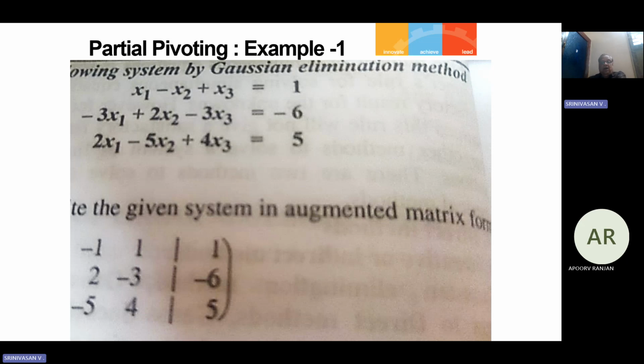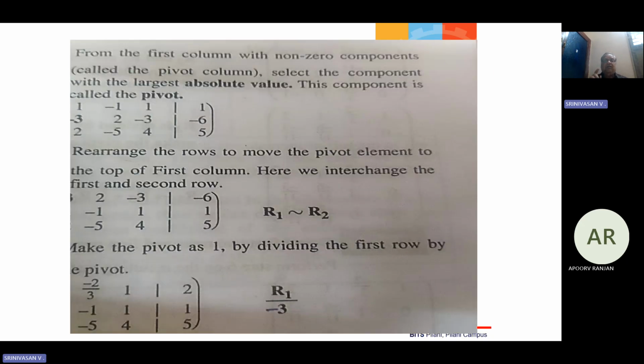So you have the augmented matrix, you know very well. Now, from the first column with the non-zero components, called the pivot column, select the component with the largest absolute value. Look at this: largest absolute value.